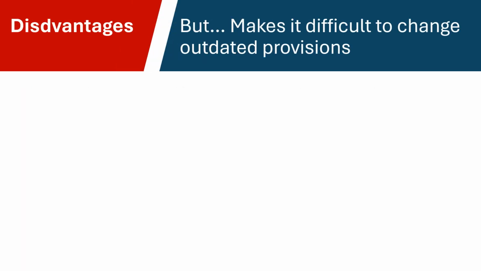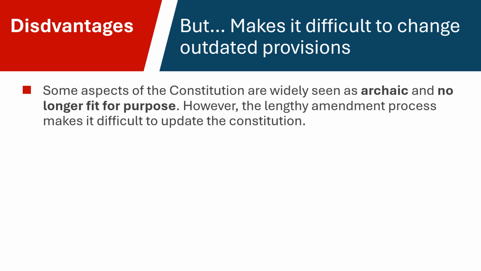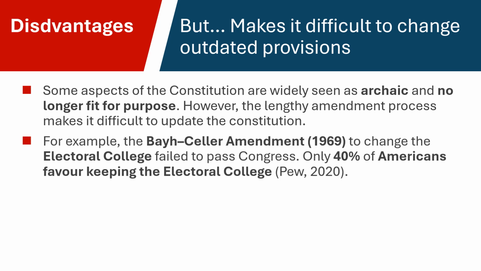However, it is difficult to change outdated provisions of the Constitution. Some aspects of the Constitution are widely seen as archaic and no longer fit for purpose. However, the lengthy amendment process makes it difficult to update the Constitution. For example, the Bayh-Celler Amendment in 1969 proposed changing the Electoral College.